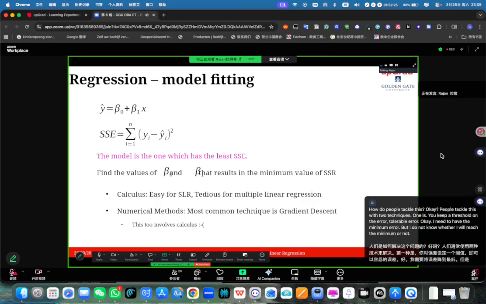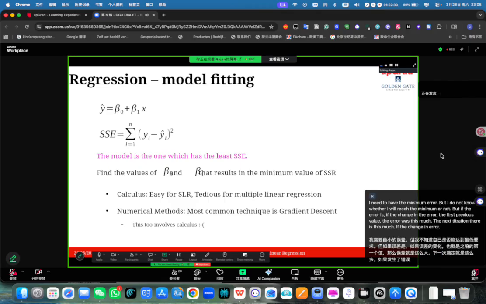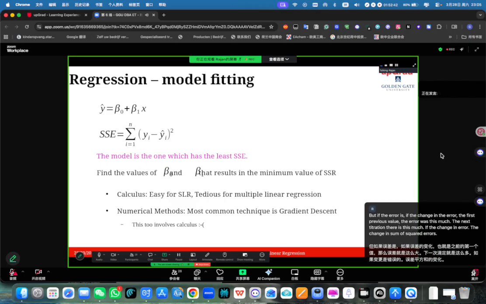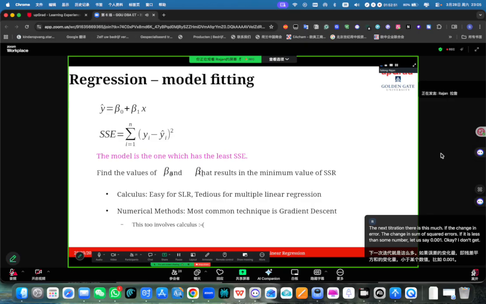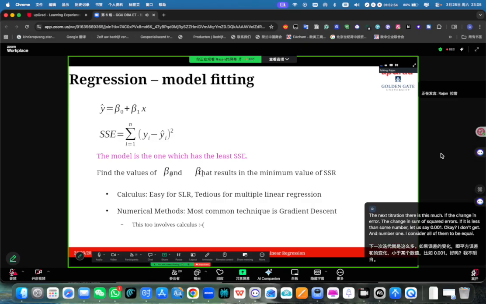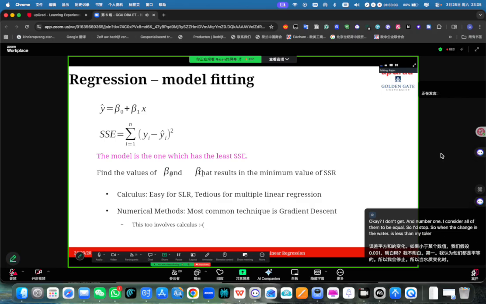But if the change in the error, the change in the sum of squared errors between the previous iteration and the next iteration, is less than some number, let us say 0.001, then I don't care. I will consider them to be equal. So when the change in the error is less than my tolerance, I will stop. That's one criterion you can use.